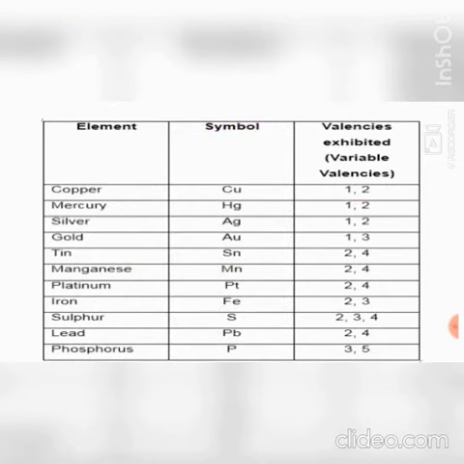The next topic is variable valency. So here we are going to see that one element will have variable valency, which means it will have different valencies. That is, it will have more than one valency.